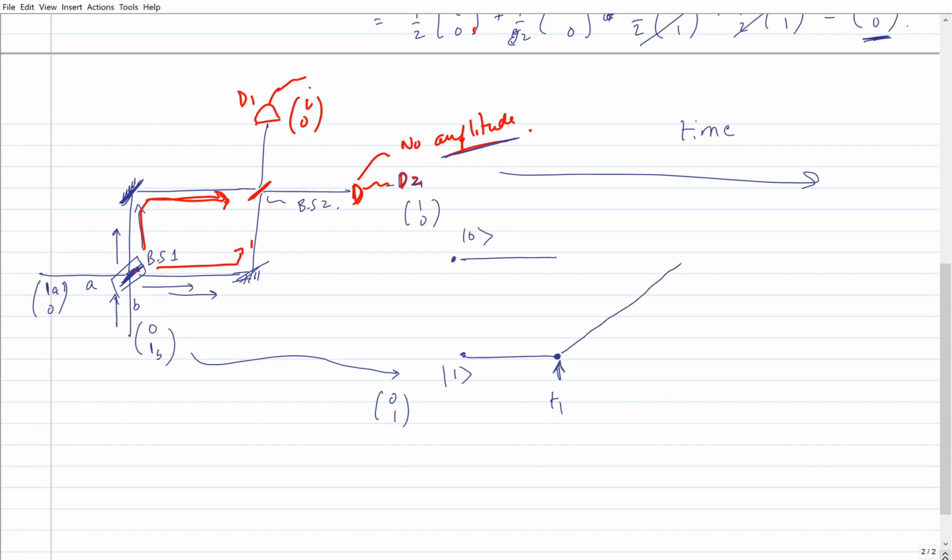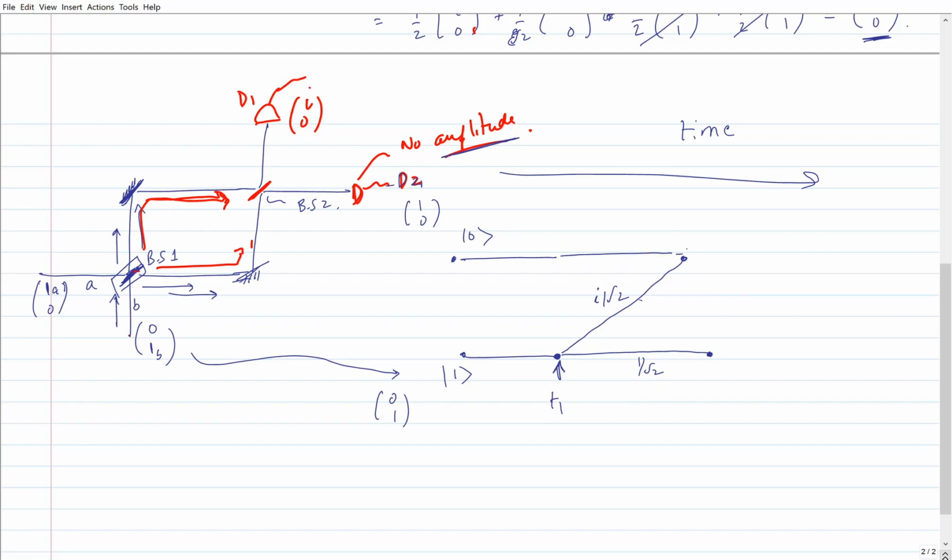So I have this guy and this guy. There's light both in the upper port and lower port, and there are going to be coefficients associated with it. What are the coefficients? I have iota over root 2 and 1 over root 2. Okay, very good.